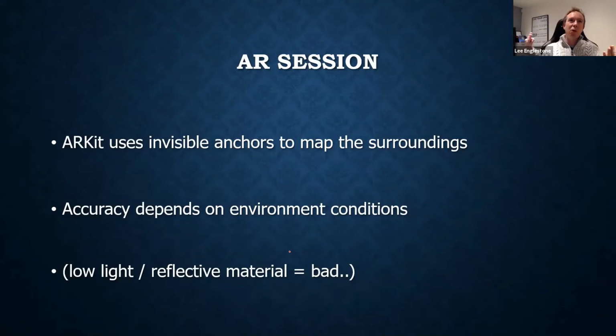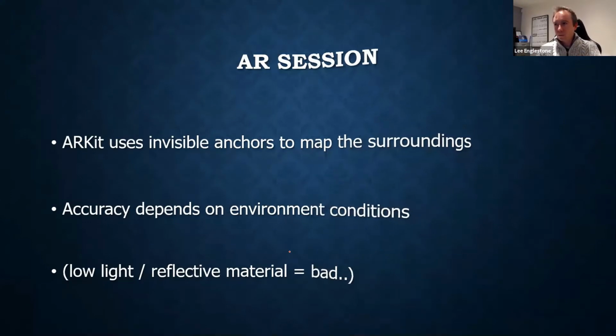So if you've got a wall that's just white, it's featureless. It's very difficult for it to figure out what one part of it is compared to another. Whereas if you've got wallpaper or carpet or a busy environment, it can track all these interesting points. And as you move it around, it can remember that, I don't know, there was a guitar in the corner there, or the wallpaper was over there.